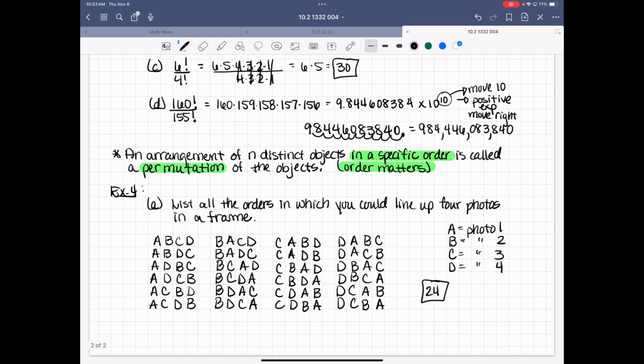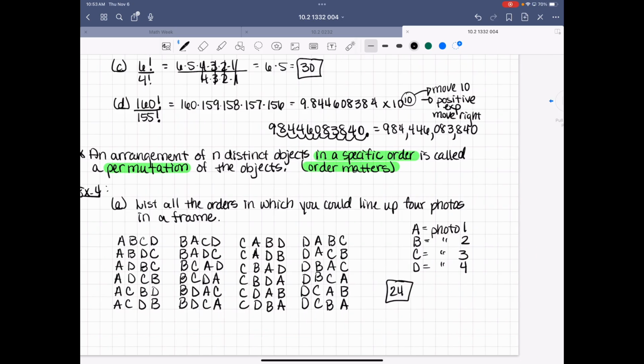Let's look at B. B still has to do with this photo frame, okay? And if you're not done writing all the choices out, write down 24 and then I'll go back at the end of the lesson and put it up there if you need it.